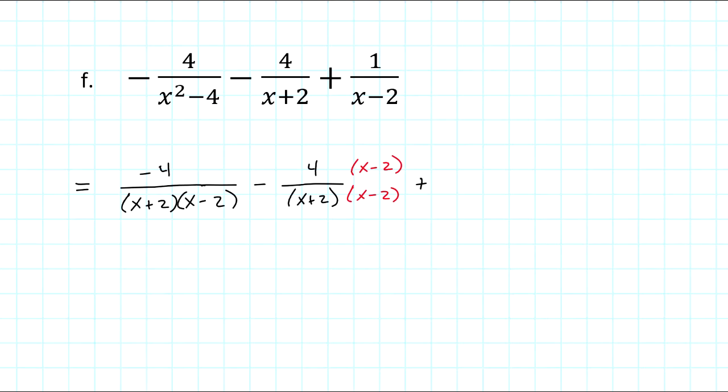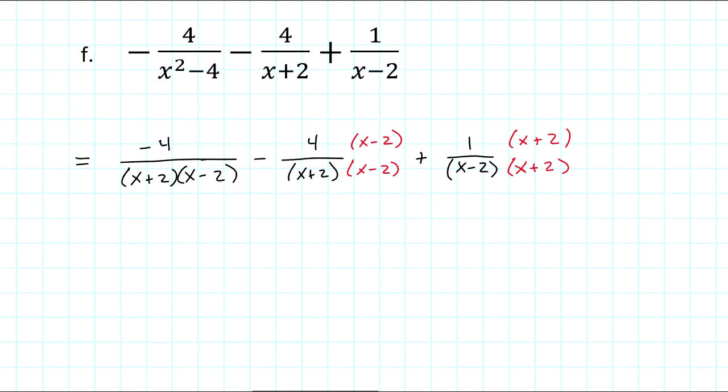We want to go plus 1 over x minus 2, and this one we needed to multiply by the x plus 2, top and bottom, in order to get that common denominator. All right, so let's simplify this a little bit. We've got negative 4 over x plus 2, x minus 2, minus 4x minus 8 over x plus 2, x minus 2.